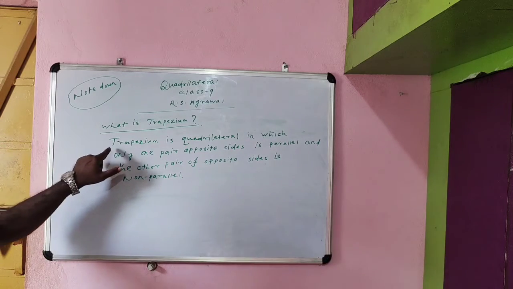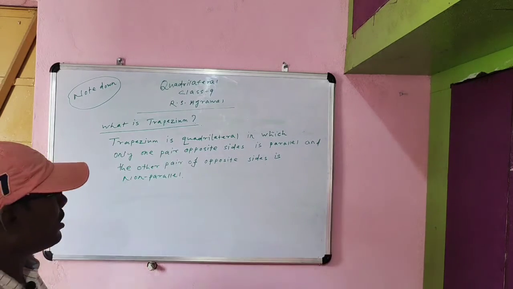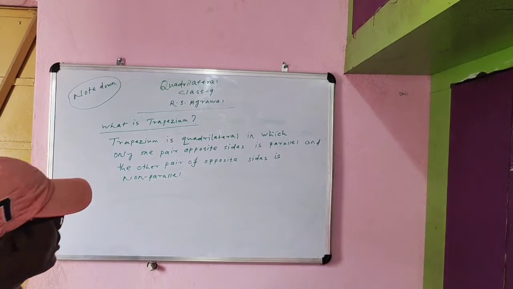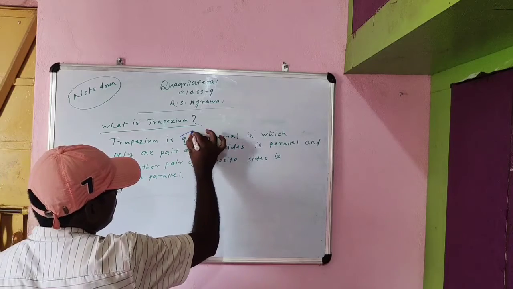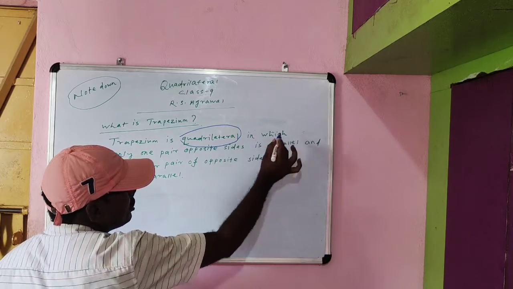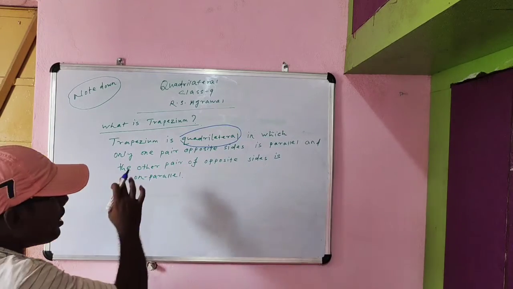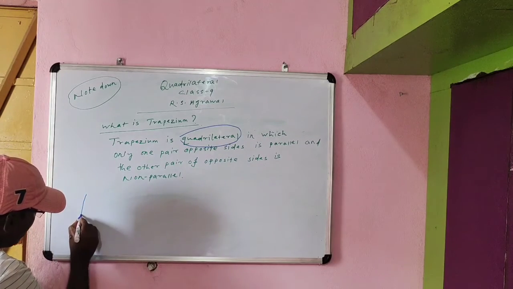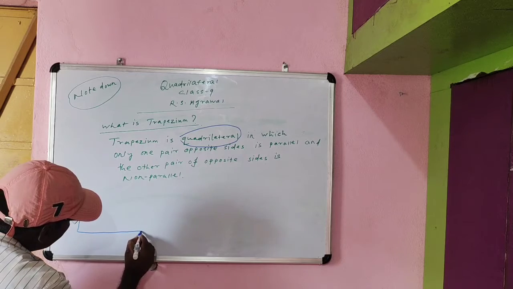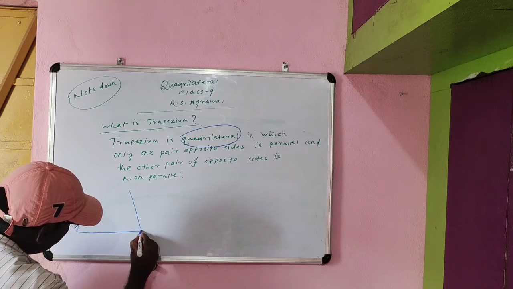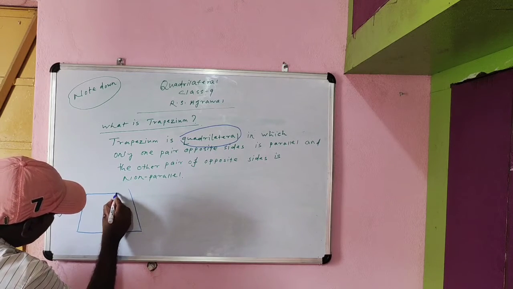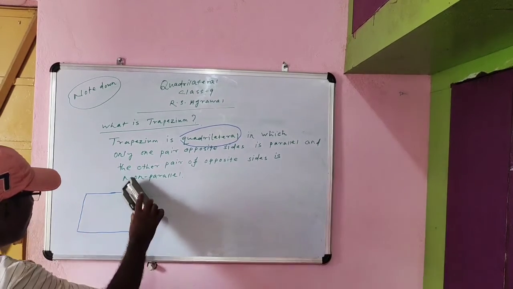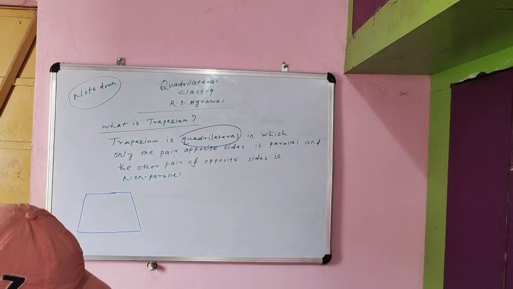So it has been written here, trapezium is a quadrilateral in which only one pair of opposite sides is parallel. Suppose it is a quadrilateral, its name is ABCD.